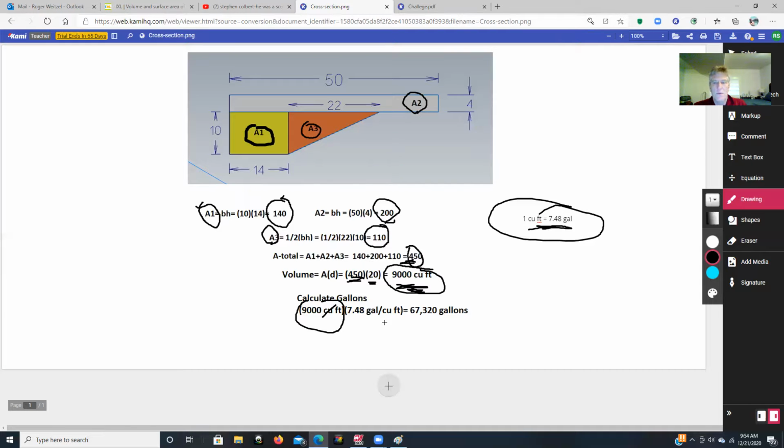These will cancel. So now I'll have 9,000 times 7.48 gallons, and that's how many gallons of water that I have. That sounds a lot more impressive. I would rather say 67,000 gallons than 9,000 cubic feet.